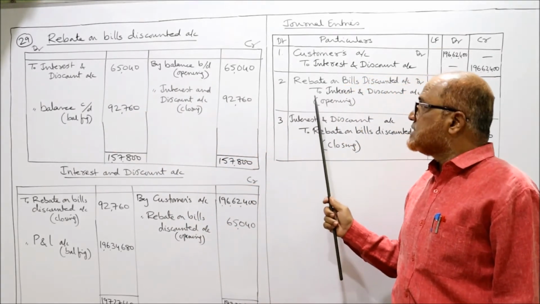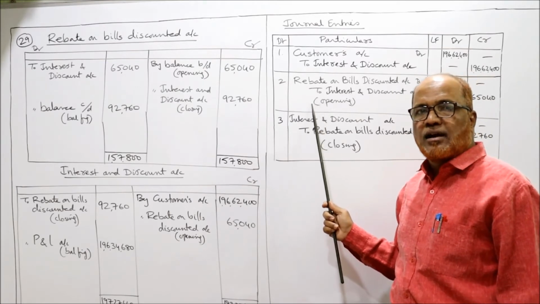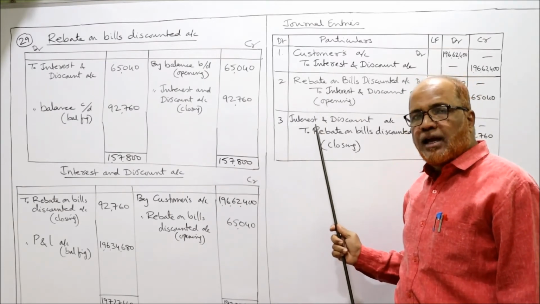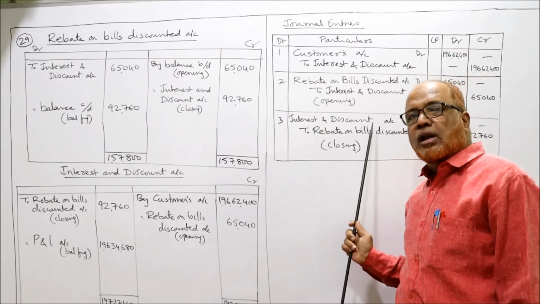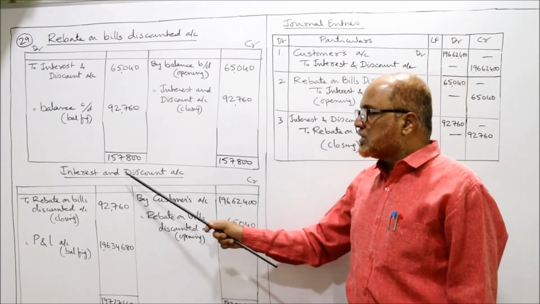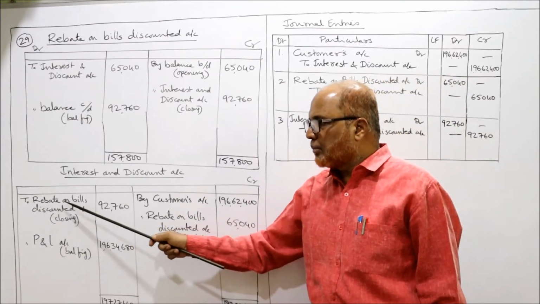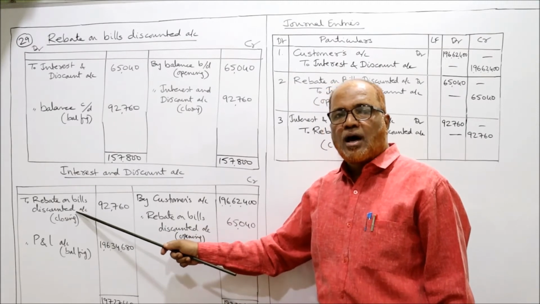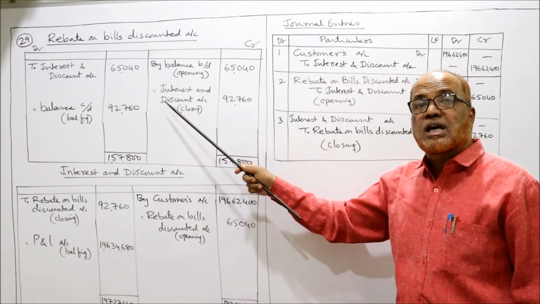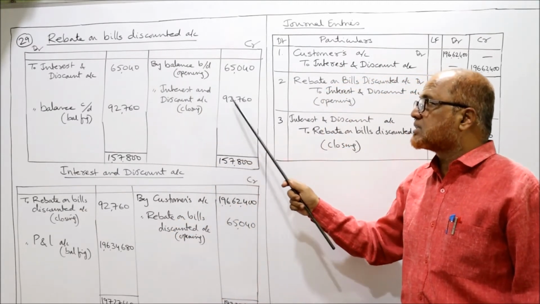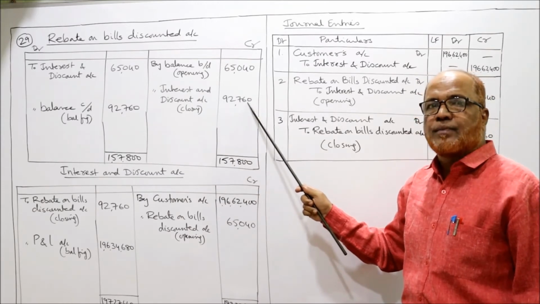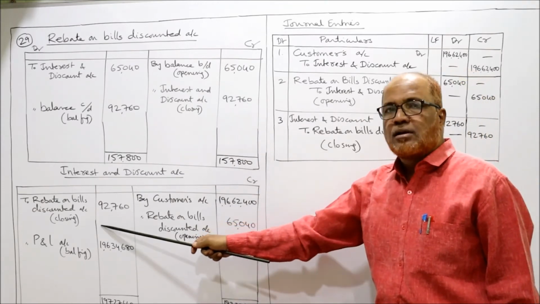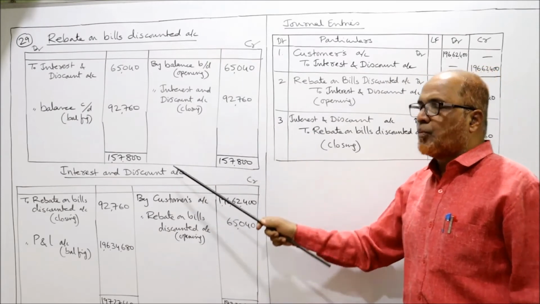Second entry posted. Now third entry, interest and discount account debit to rebate on bills discounted. So interest and discount account debit side to rebate on bills discounted. And rebate on bills discounted account is credited by interest and discount 92,760. This is the closing rebate. So all the three entries we have posted.